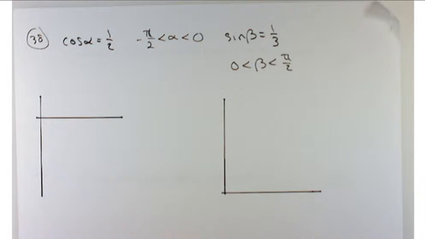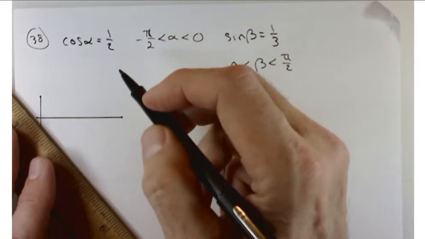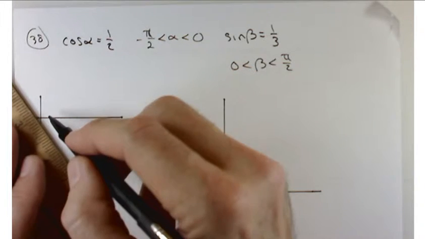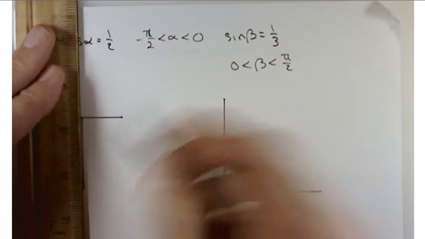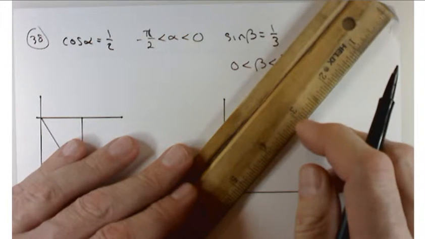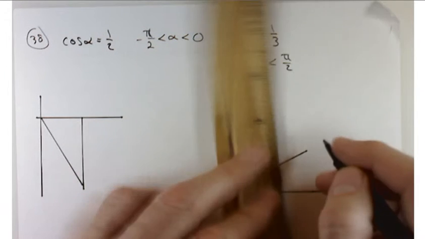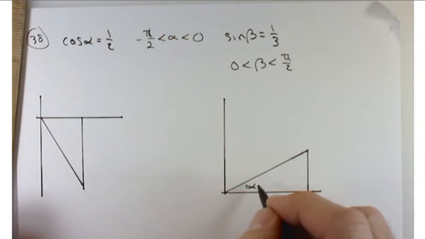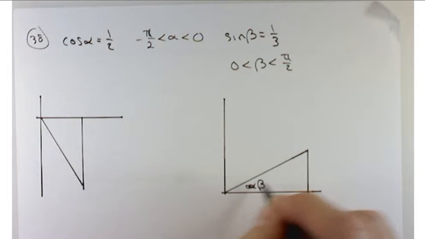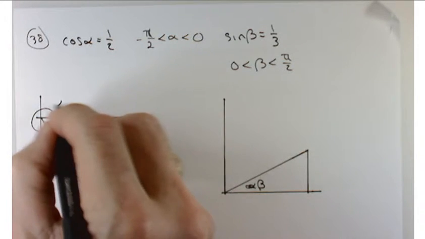I might have, not sure. Oops. So this would be beta, and there's your alpha, or you can think of alpha here.